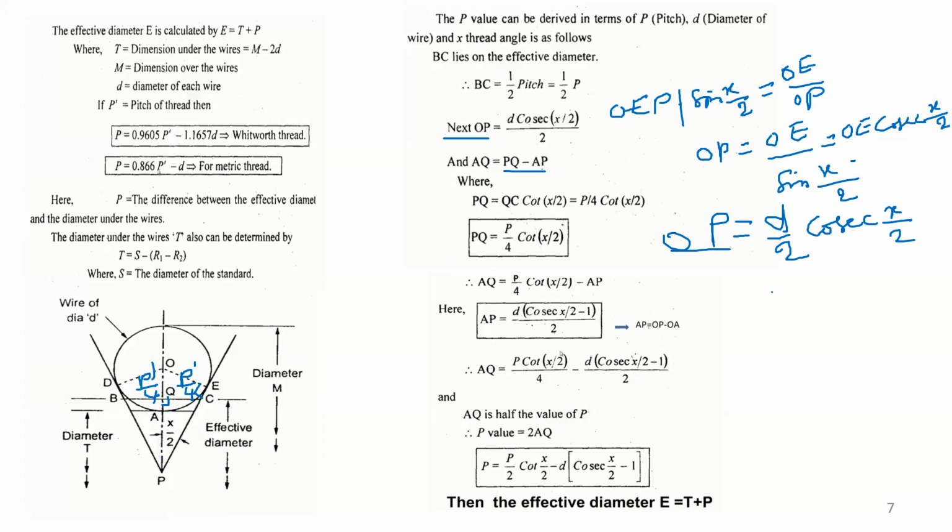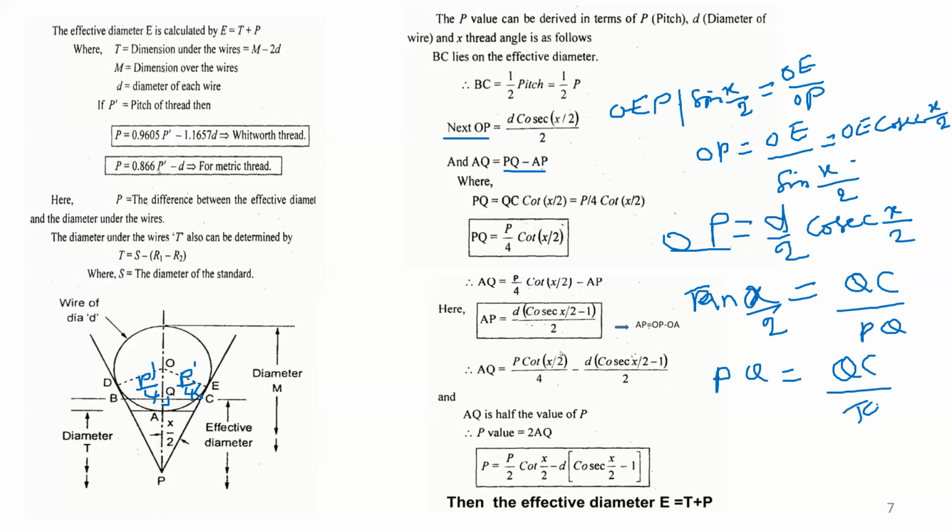PQ we can calculate. So PQ from the tan theta, what is tan x by 2? So tan x by 2 is equal to opposite side QC divided by adjacent side PQ. Therefore, PQ is equal to QC divided by tan x by 2.